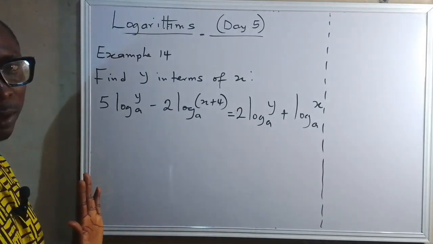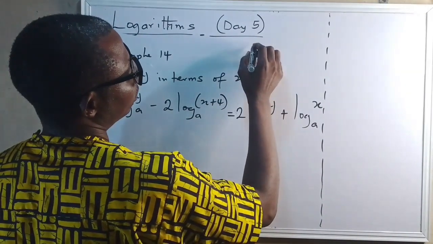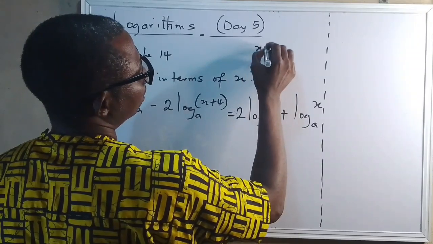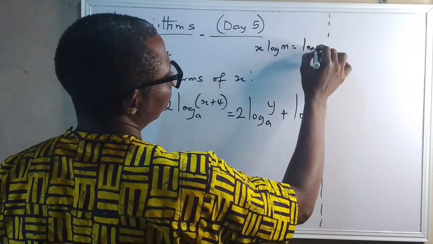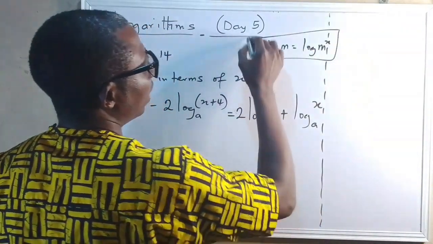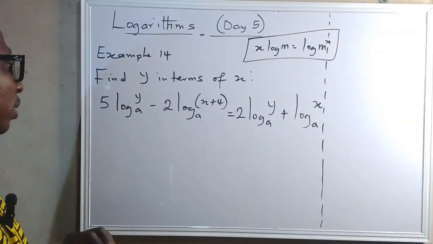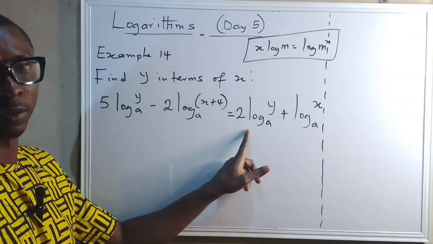All right. So now let us look at what we have here. The first thing we are going to do is to apply this law of logarithm: x log m equals log of m raised to the power of x. This is the law we are going to be applying. We apply it on this, and this, right?